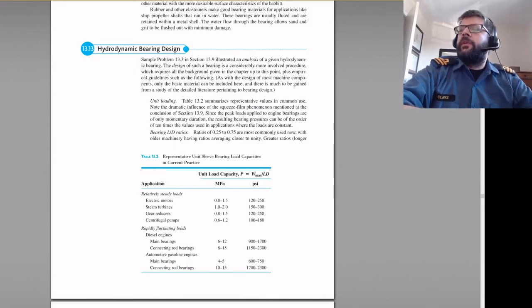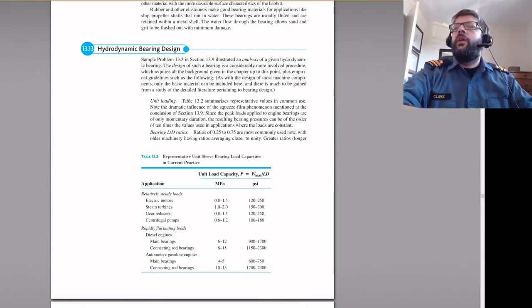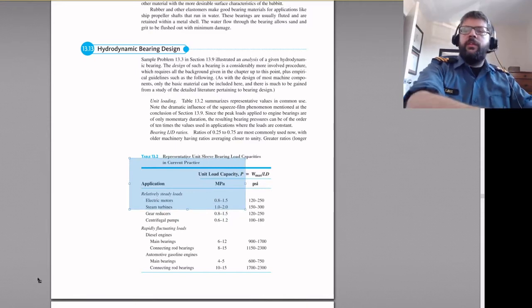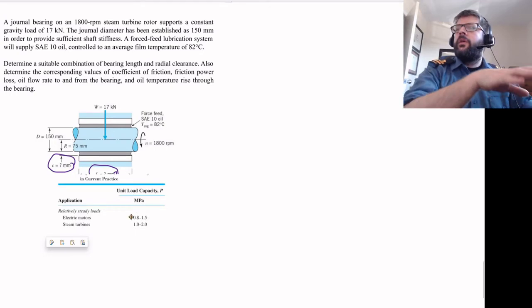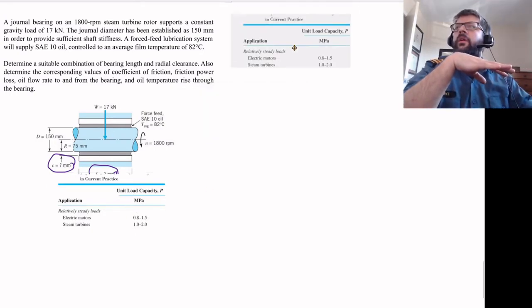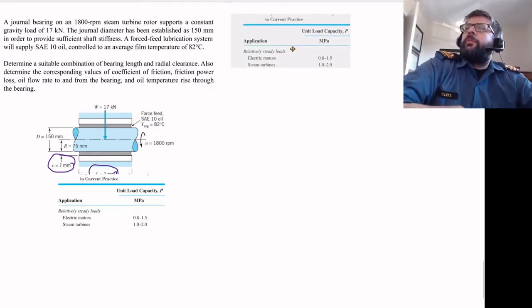typical unit load capacity in current practice for different applications. So if we're working with steam turbines, they typically work with a load capacity in the 1 to 2 megapascal range. So again, that's our bearing pressure there, right?